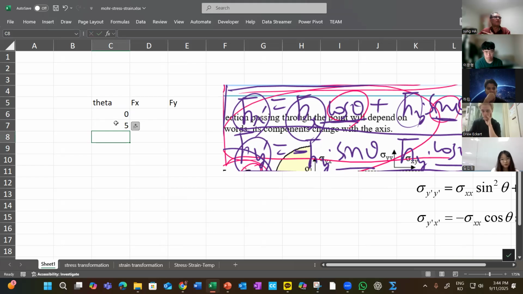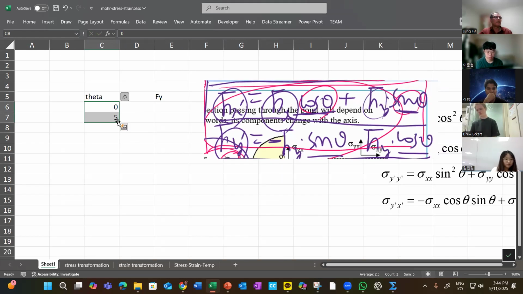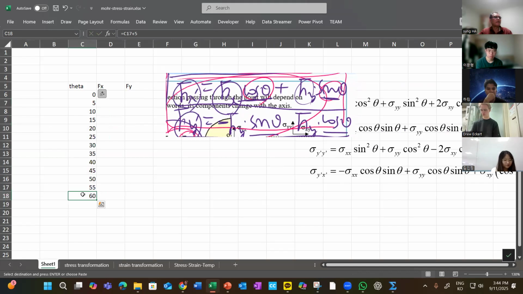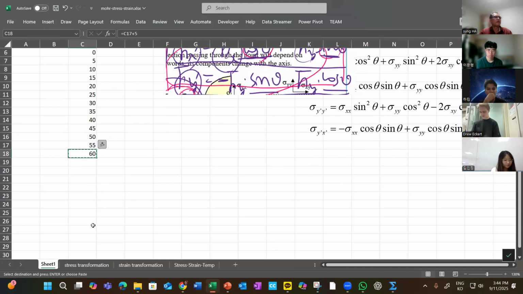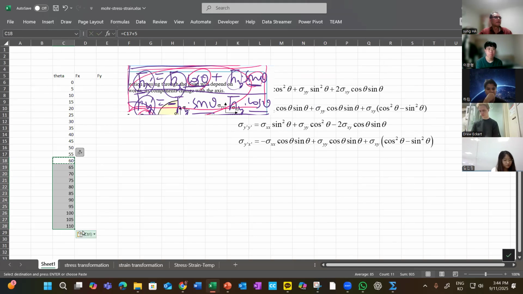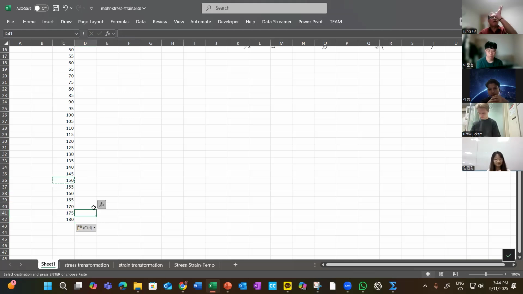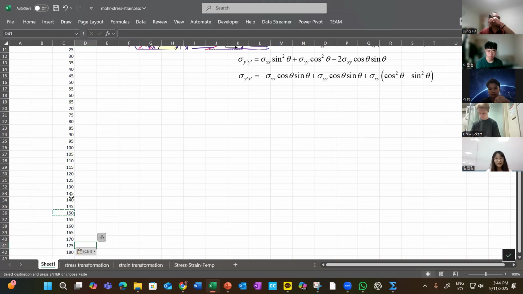Okay, I will change it to radians later. So you can see we like to have every 5 degrees. Let's say we change it to 180. Okay, 180 is the target. So imagine that we are changing this angle theta from 0 to 180.